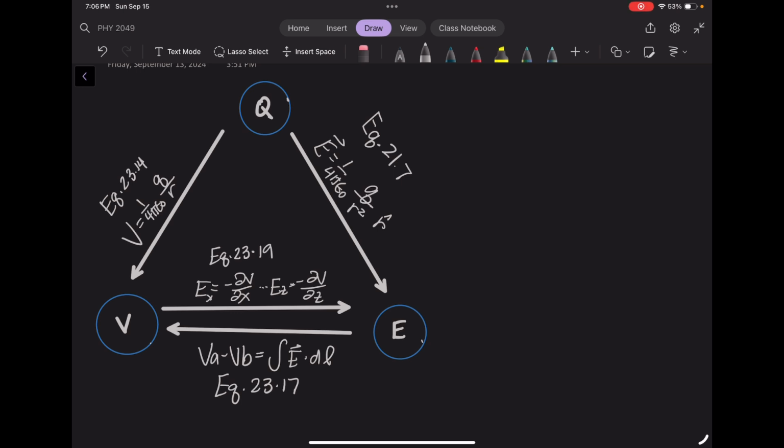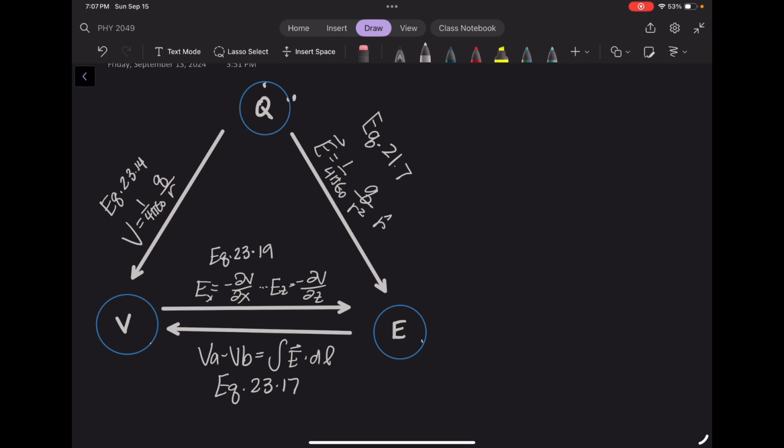Way back in chapter 21, we saw that if we had knowledge of the charge Q, we could get E. We could figure out what E was if we knew Q by writing down the equation of a point charge. And then we just saw now that if we have knowledge of the charge Q, we could get the potential written down right away too, in the same way as E. Just 1 over 4 pi epsilon naught Q over r.